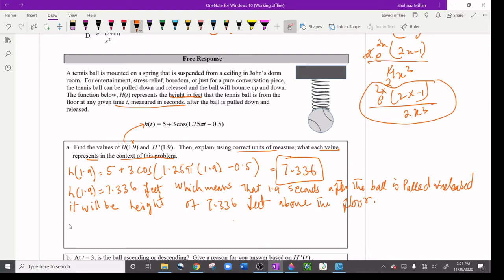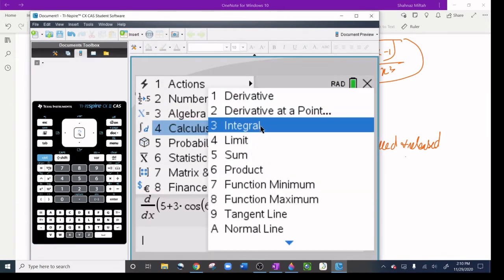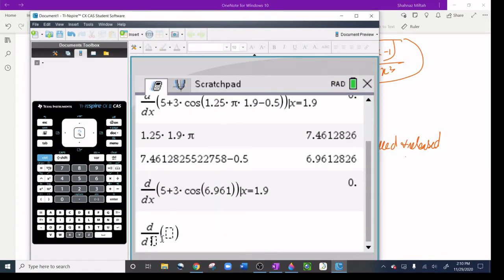Okay, that's what it means. Now, next one, I'm saying h prime. Derivative first using this calculator. This is x.